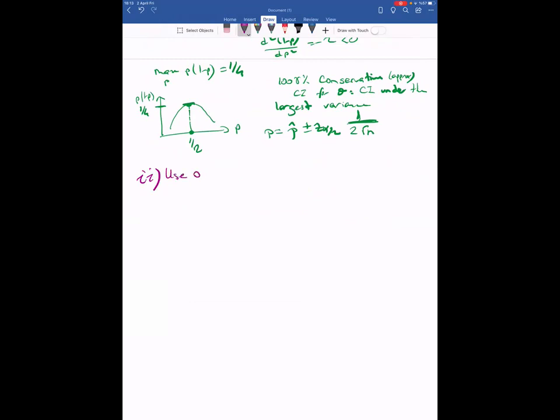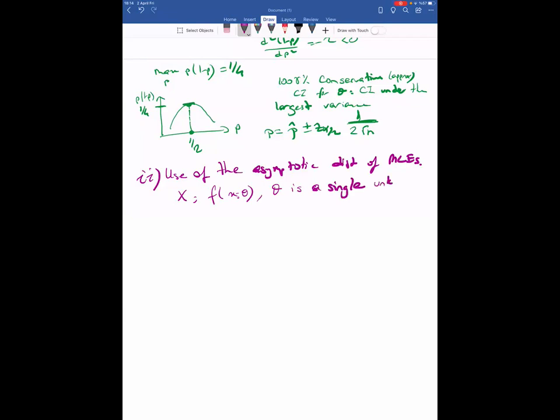Use of the asymptotic distribution of MLEs. Okay, so if you remember, let's say we have X with PDF f(x; theta), where we assume that theta is a single unknown parameter.